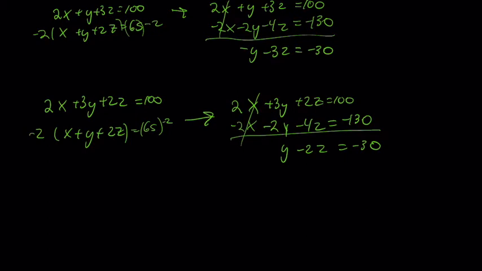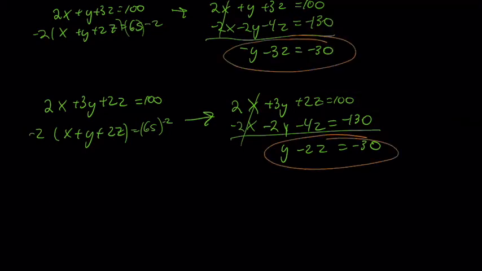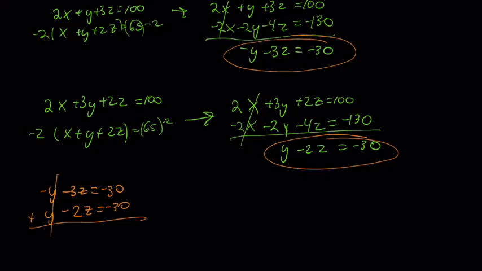Now I have a system of two equations in y and z. I can go ahead and add these together in order to cancel out my y. If I add them together, my y's cancel out. I have negative 5z equals negative 60.